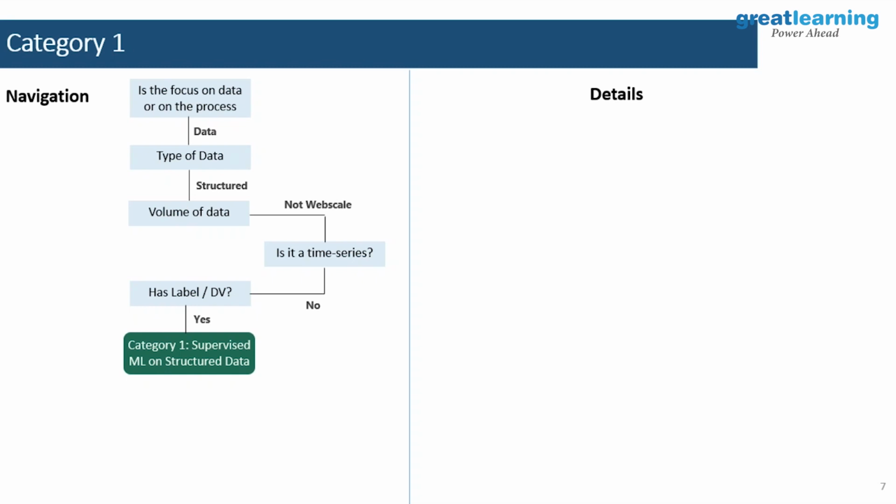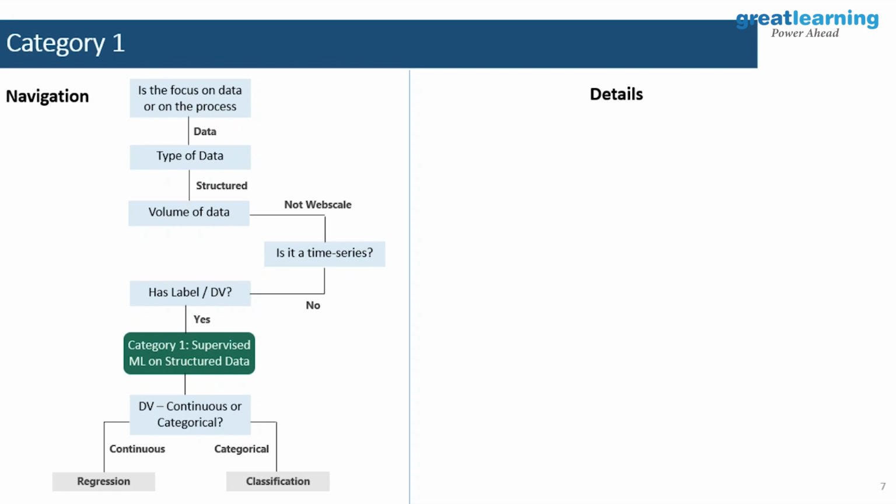The next question you ask yourself is, is the dependent variable continuous or categorical? If it's continuous, you're talking regression. If it is categorical, you're talking classification, logistic regression being an implementation of it.